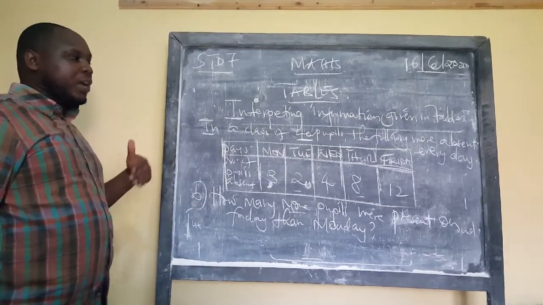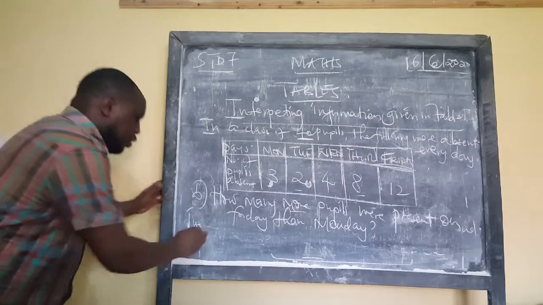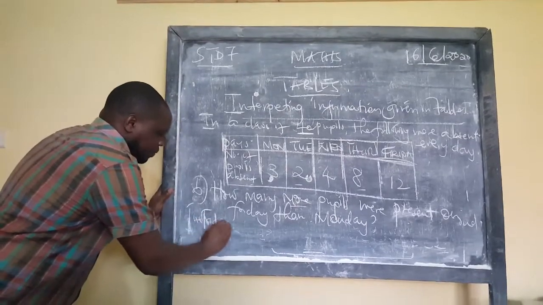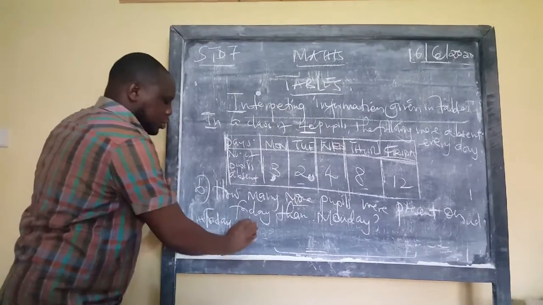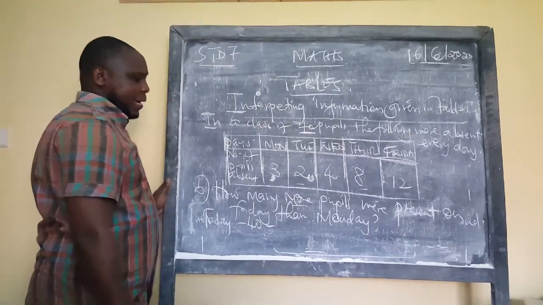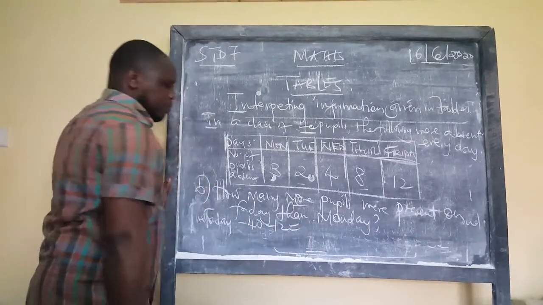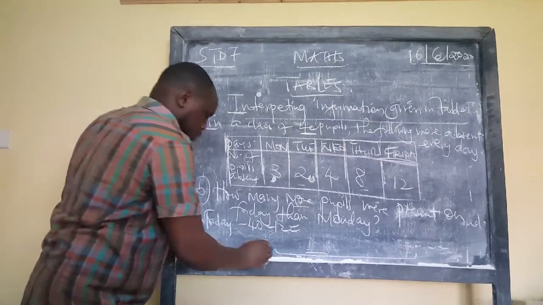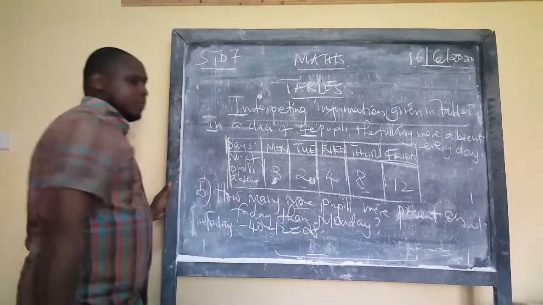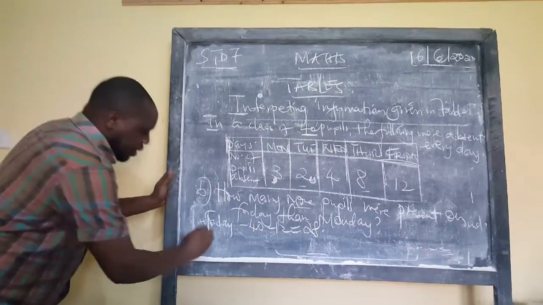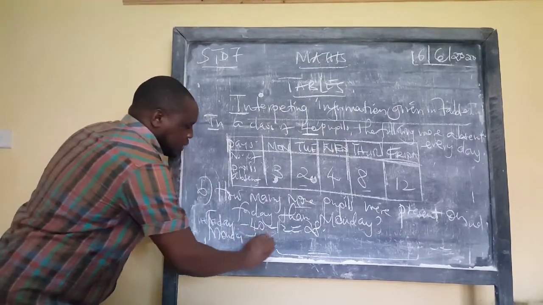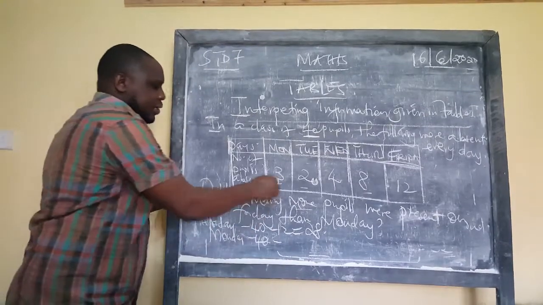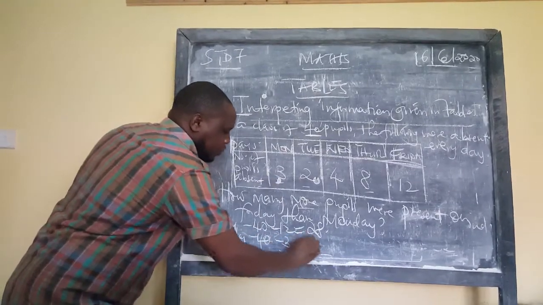So where do we begin? We need to identify first on Friday. How many pupils were there on Friday? On Friday, the ones present were the total number 40 in a class minus 12. So the pupils who are present on Friday were 28. Then on Monday, present is the total class 40, subtract those who are absent, 3. That will give you 37.